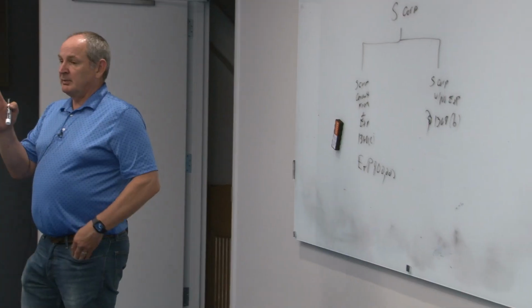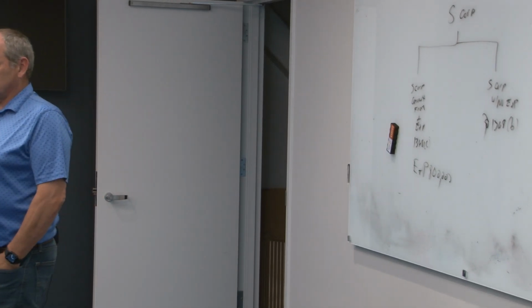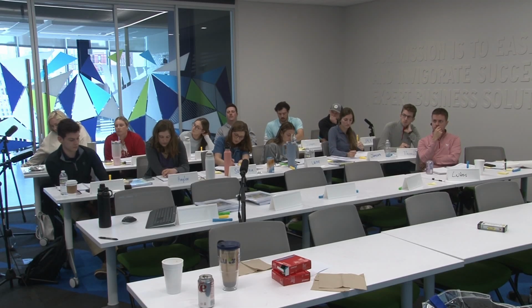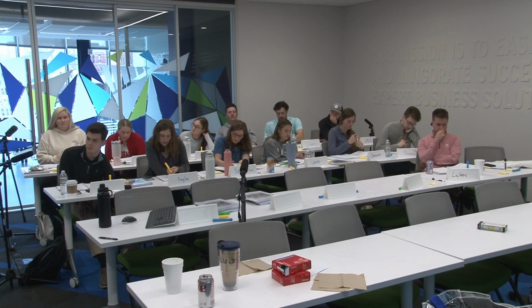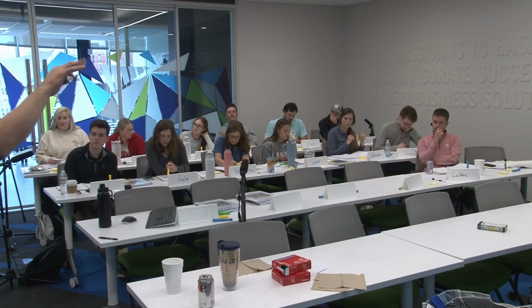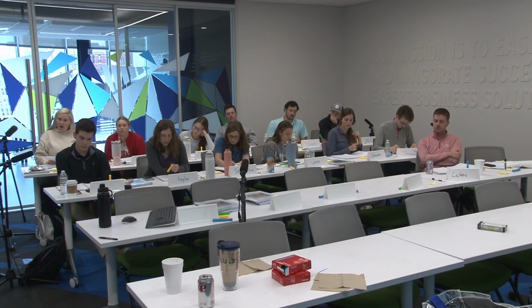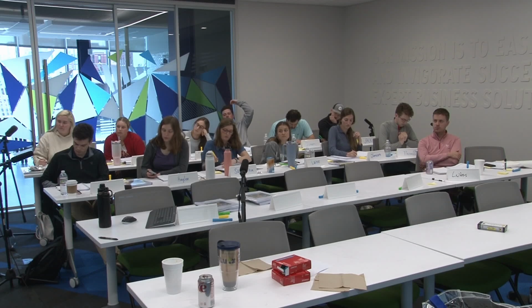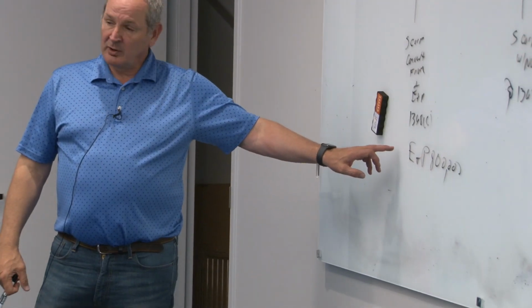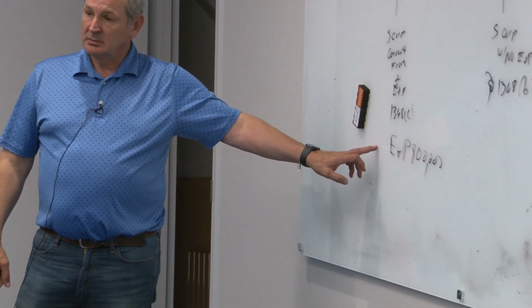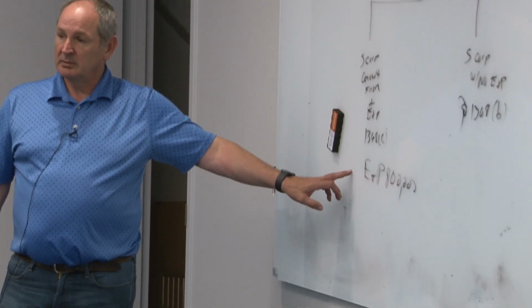So if we get through C1 that says refer back to B, and Lane, what's B say? Return of distribution is going to be return of basis. To the extent it exceeds basis, it's going to be sale or exchange. We've blown through that provision. We've got $1 million still unaccounted for in our distribution, and we're going to do this accounting in a little bit, but we've got $1 million left. When we converted, we have E&P of 800,000. We still have $1 million left.